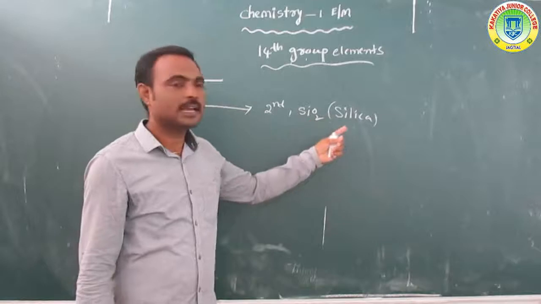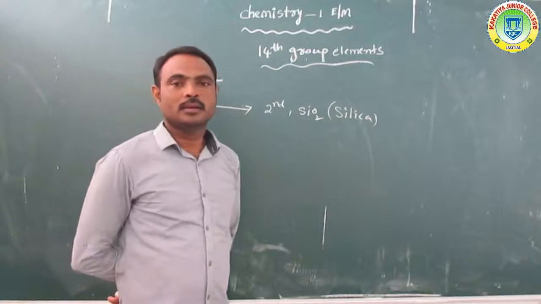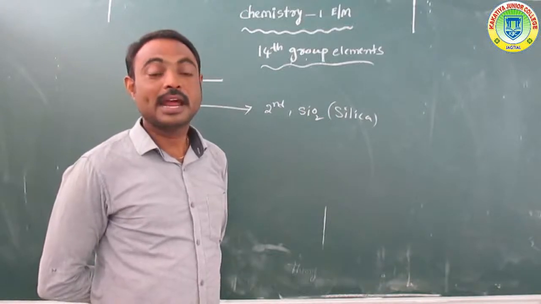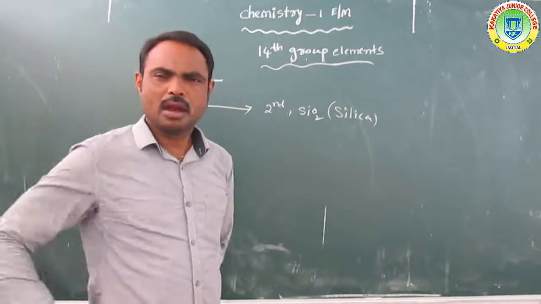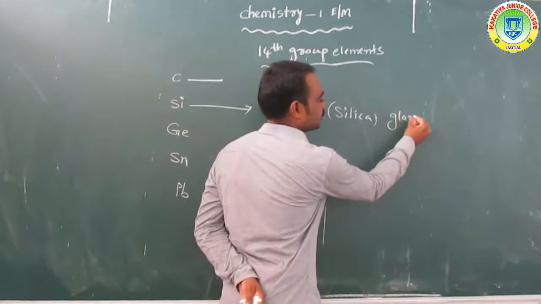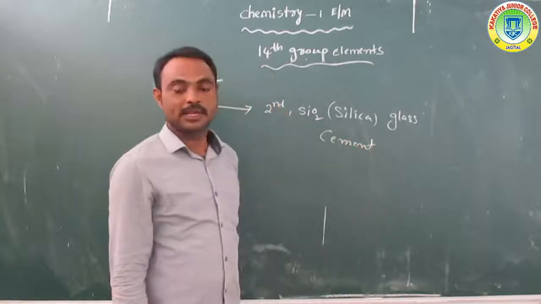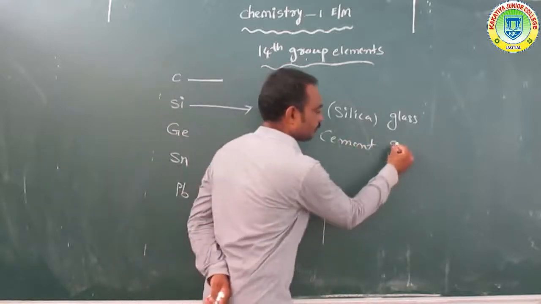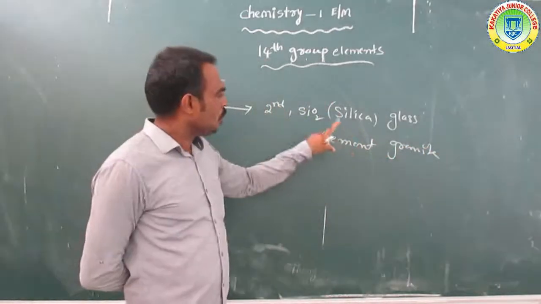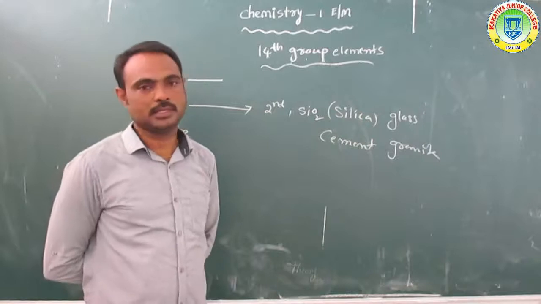Silica is contained in cement, bricks, granite, glass, and ceramics. These are all components that contain the silicon element.